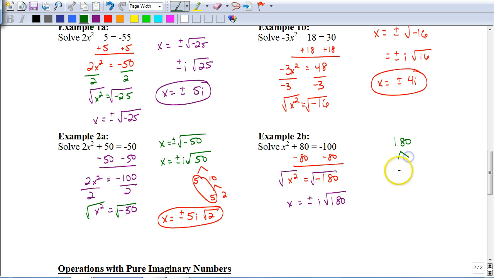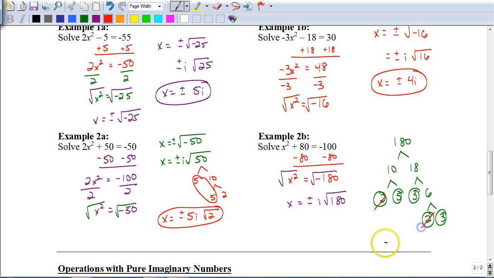Okay, let's see how you did. 180 breaks down to be, let's say, 10 and 18. Again, you could have started out differently. You could have said 2 and 90 if you wanted to, and you'd still end up with the same solution. 10 breaks down into 2 and 5. 18 breaks down into 3 and 6. These, by the way, are all prime. 6 breaks down into 2 and 3. So for every 2 of the same number, I'm going to take one out.